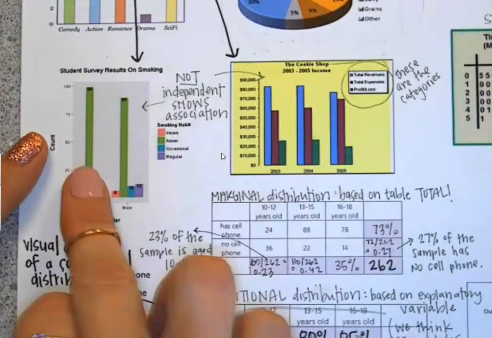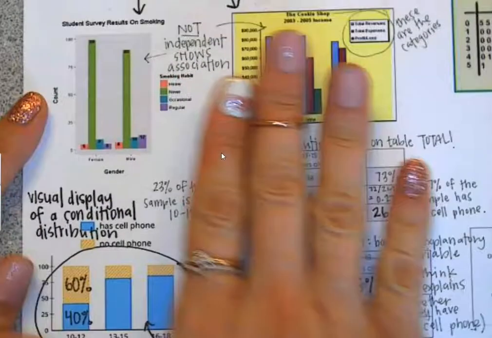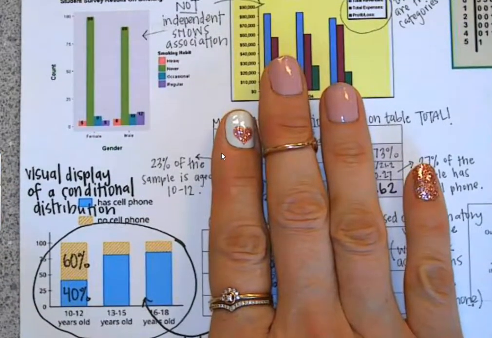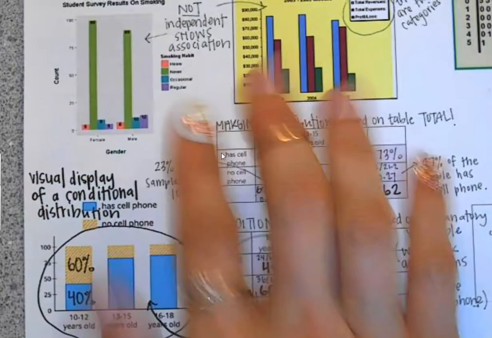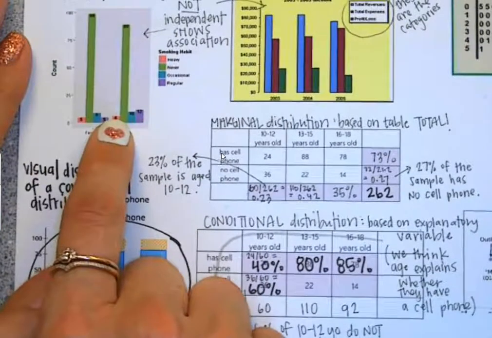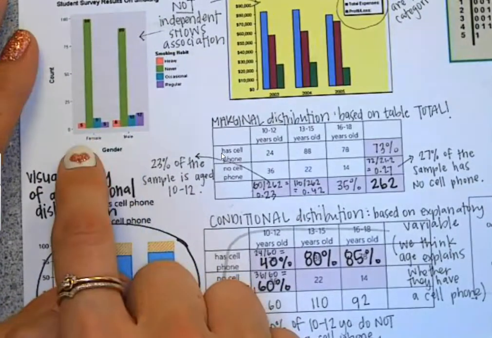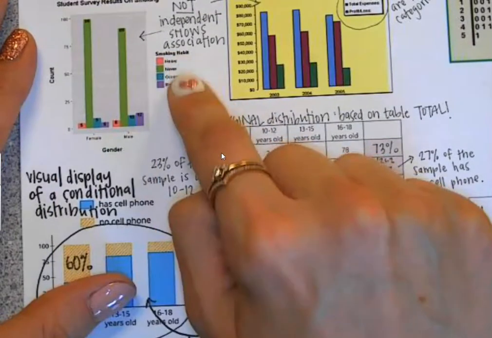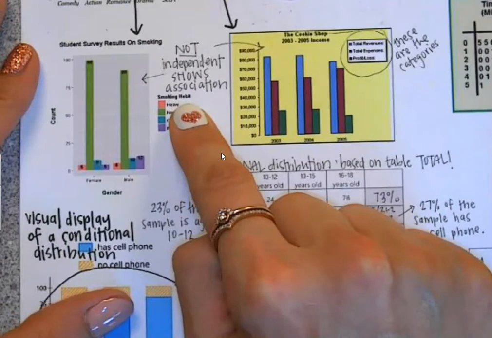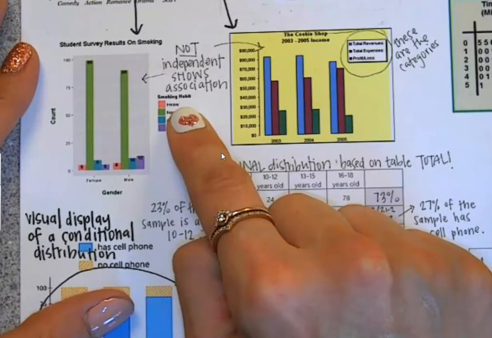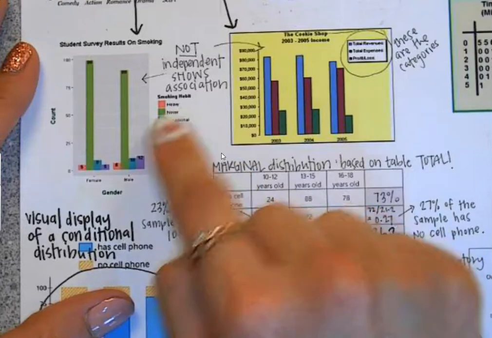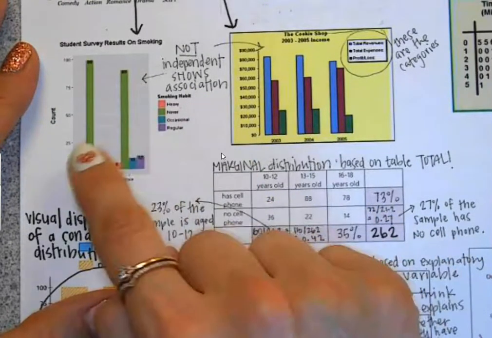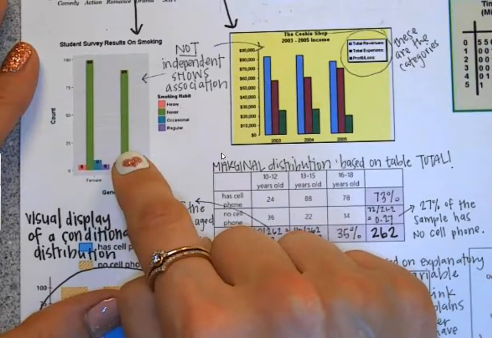When you are given bar charts like these, if they don't look exactly the same, that means there's an association between gender and how frequently a person smokes. So there is an association between gender and smoking because these two bar charts are not the same.